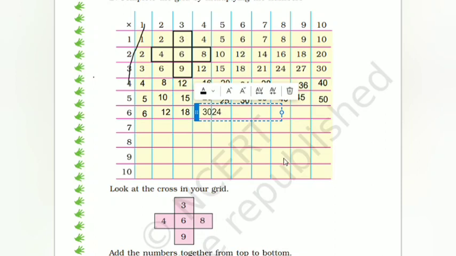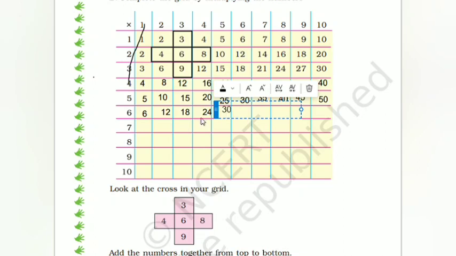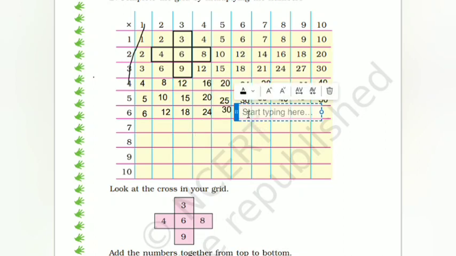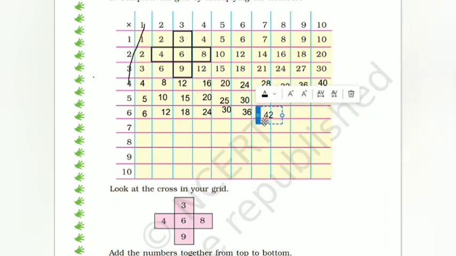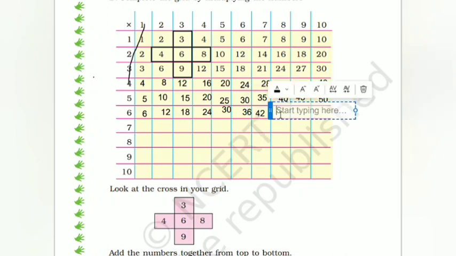24, 30. 6 crossed with the 6, 36. 6 crossed with the 7, 42. 6 crossed with 8, 48.